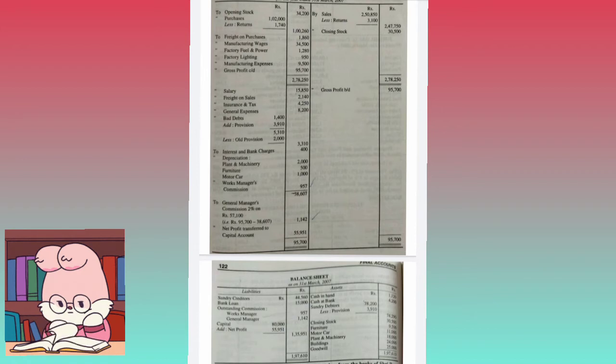Provision for bad debts is given in the credit balances, which means it is the old provision, carried from the previous year, as we already made a provision.